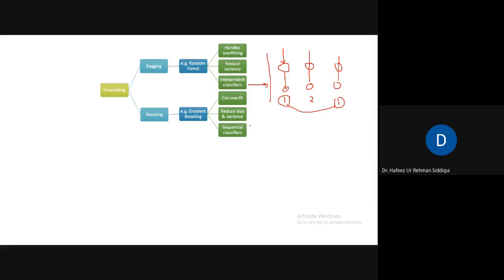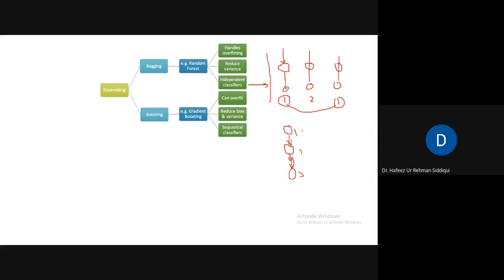While in the sequential, which we can see in boosting, every model's output is actually an input of the other models. So here we have model 1, 2, and 3. I already discussed gradient boosting, so I'm not going to repeat the whole idea here.